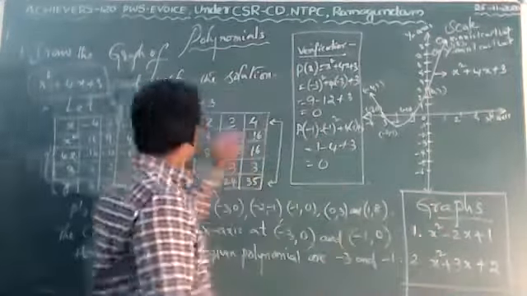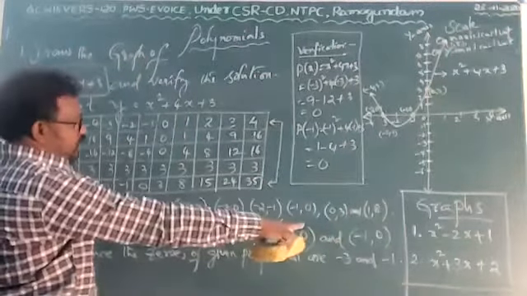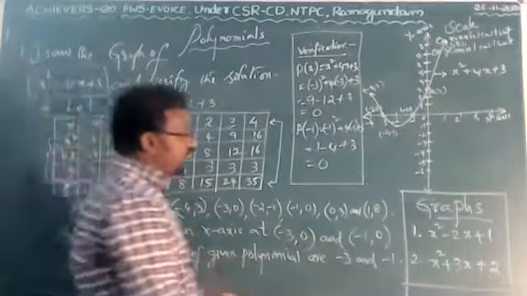These are the 2 questions. Draw the graph of x square minus 2x plus 1 and x square plus 3x plus 2, and verify.